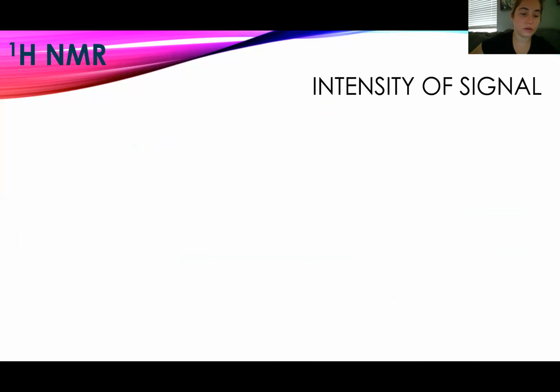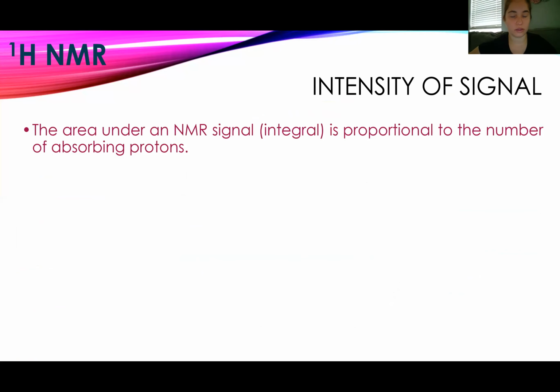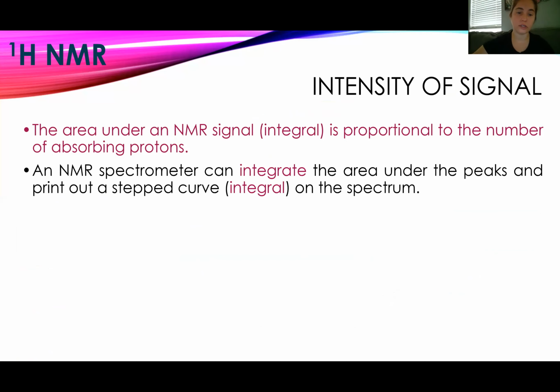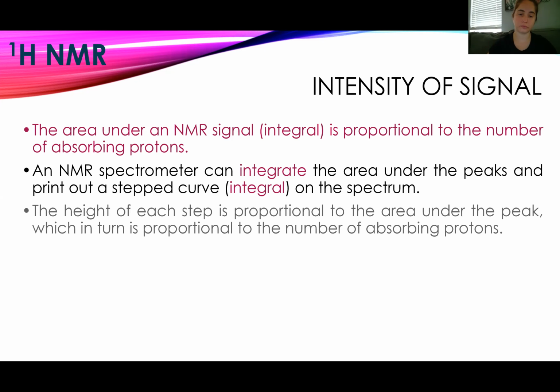Okay. So the next bit of information that we can get from a proton NMR is from the intensity of the signal. So the area under an NMR signal, the integral, is proportional to the number of protons absorbing energy at that position. So an NMR spectrometer can integrate the area under the peaks and print out a stepped curve on the spectrum.